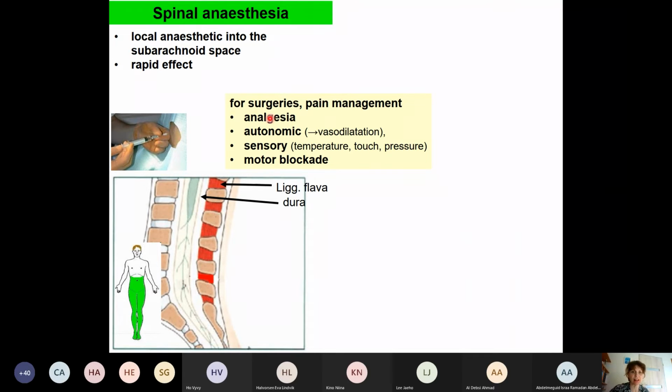We will then have analgesia in the entire lower limb, and also an autonomic, sensory and motor blockade. At first, the autonomic blockade will appear, so you will see a vasodilatation in the lower limb, and then the sensory blockade comes, and at the end also the motor blockade.